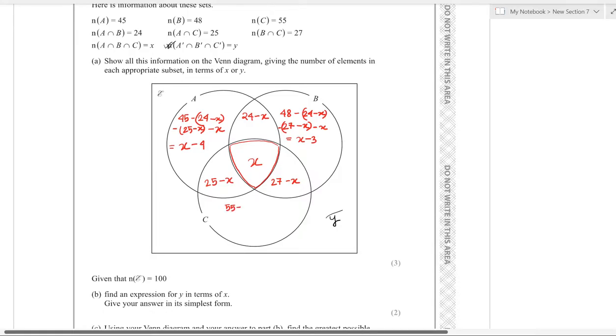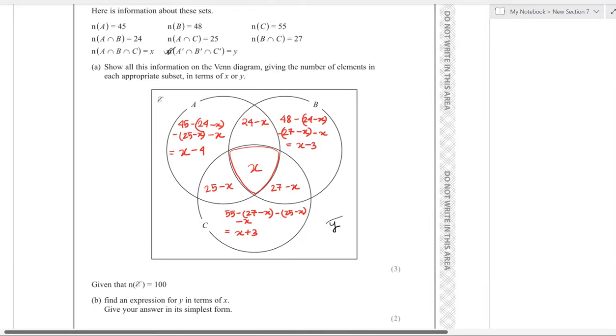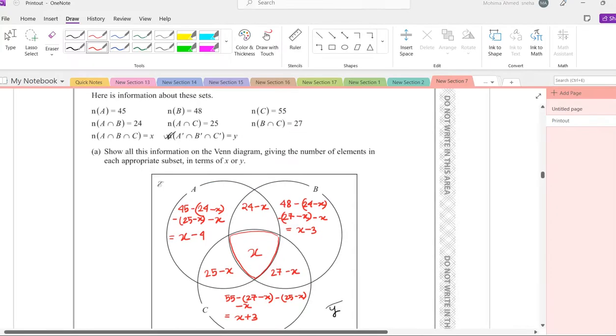So 55 minus 27 minus X, minus 25 minus X, and minus X. So you're going to be left with X plus 3. You can write X plus 3 or 3 plus X, any way you want. So this is how the entire Venn diagram looks after it is completed.